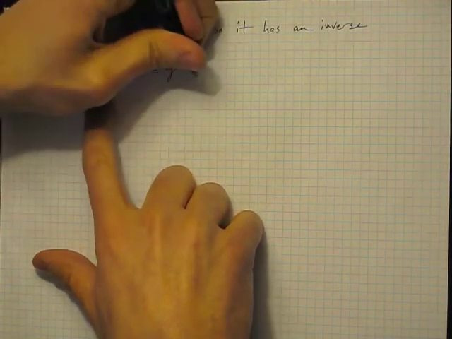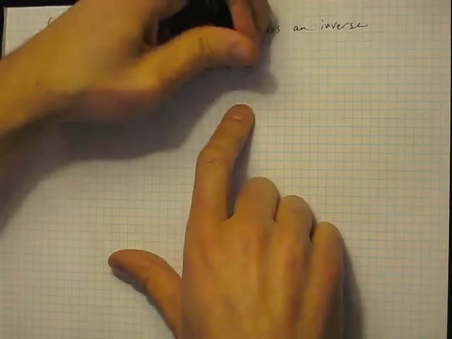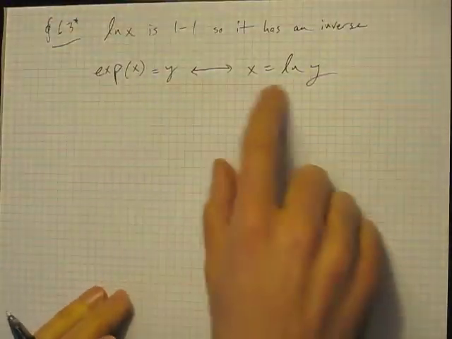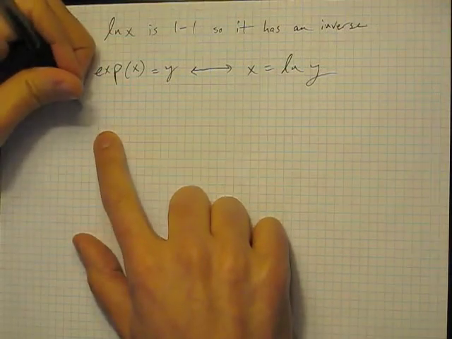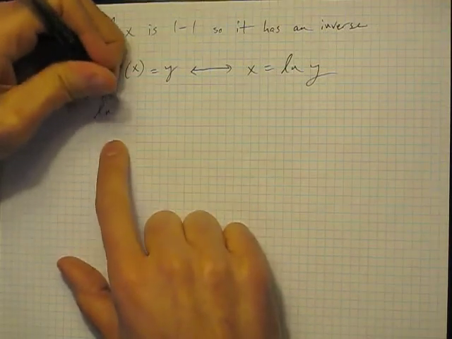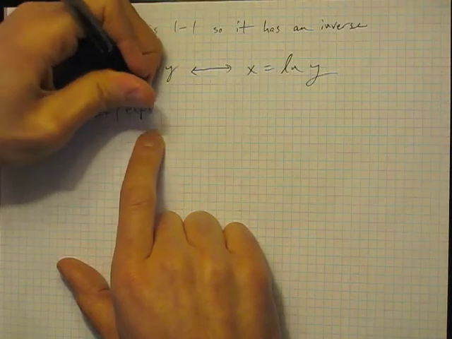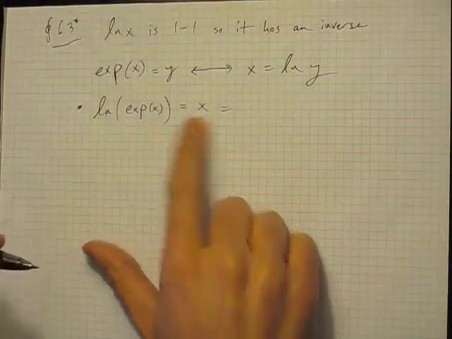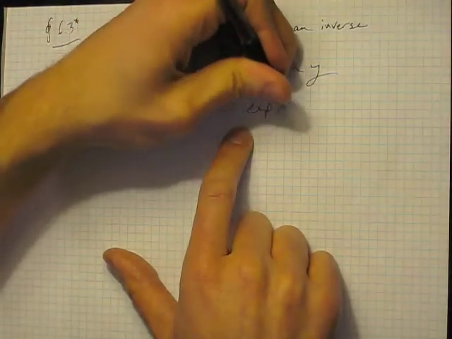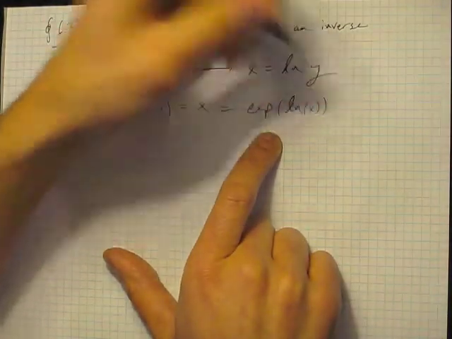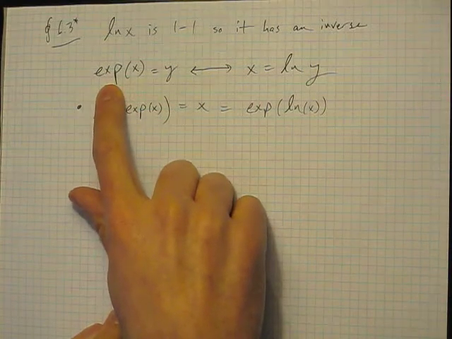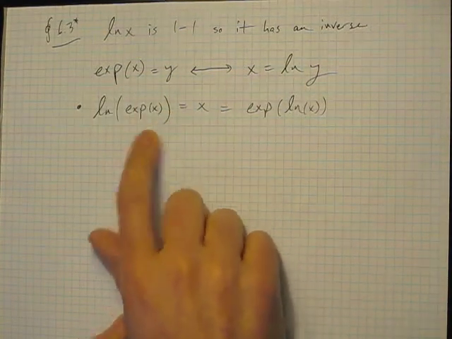So y is equal to exp of x means that x is equal to the natural log of y. So this is the inverse function to log x. So what this means is that if you take the log of the exp of x, then you get x. And if you take exp of the log of x, then you also get x. The exponential function, which is what this is, and the logarithmic function cancel each other.